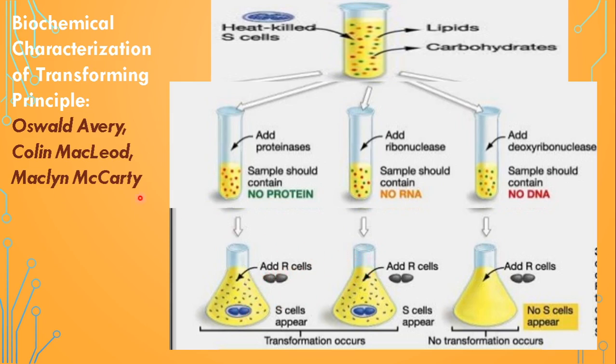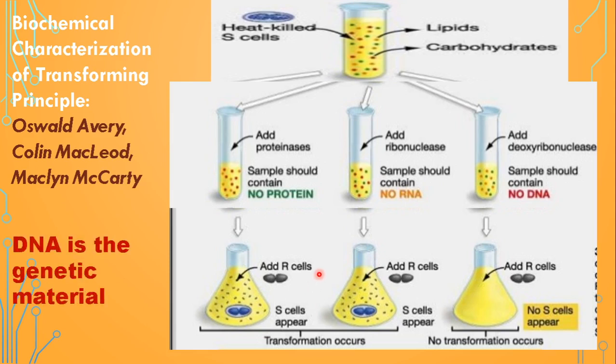In this manner, Avery, MacLeod and McCarty characterized the transforming principle of Griffith, saying that it is DNA that could transform living R-strain bacteria into virulent S-strain bacteria. So finally, they concluded that DNA is the genetic material.